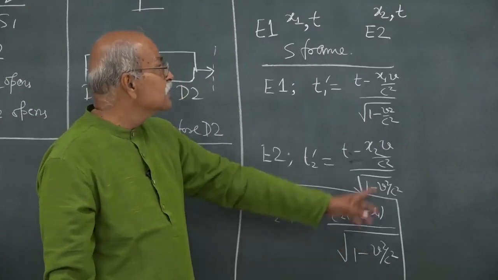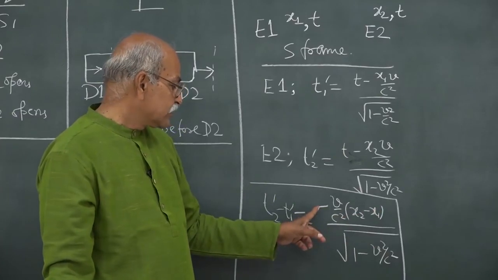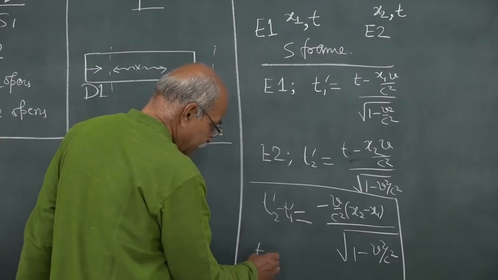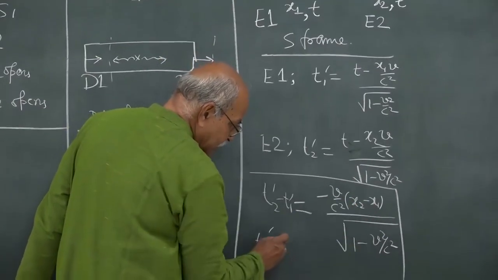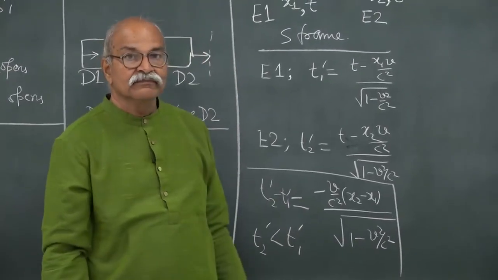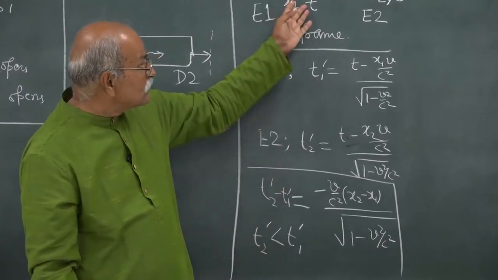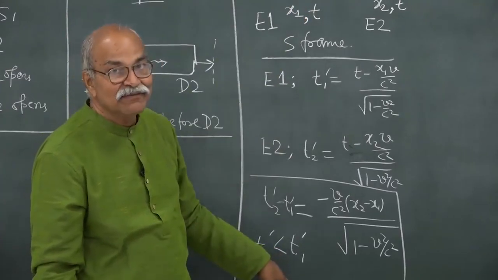X2 minus x1 in this diagram is positive, and you have a minus sign here. So you find that T2 prime is, this is positive, so the whole thing is negative, so this is smaller than T1 prime. So the things which are simultaneous in one frame are not simultaneous in the other frame.